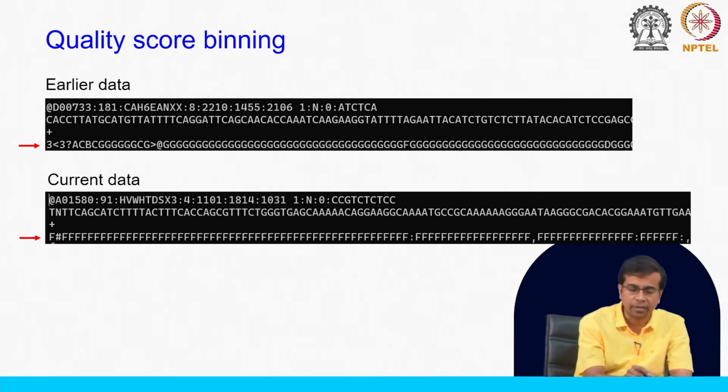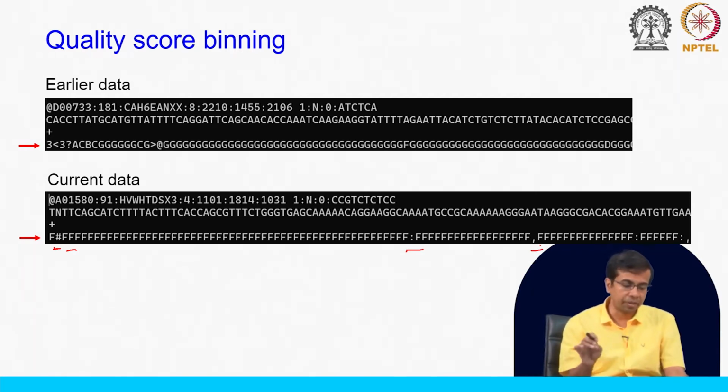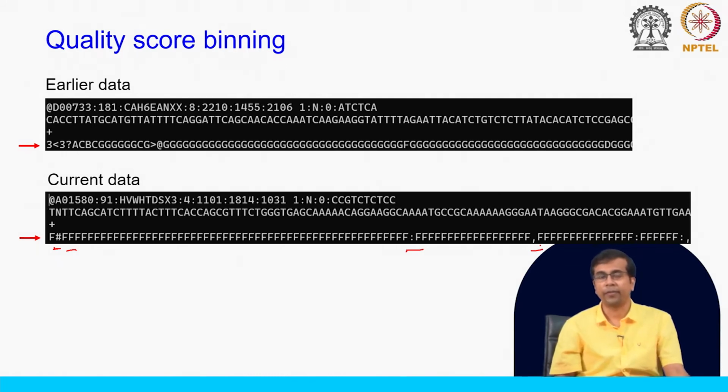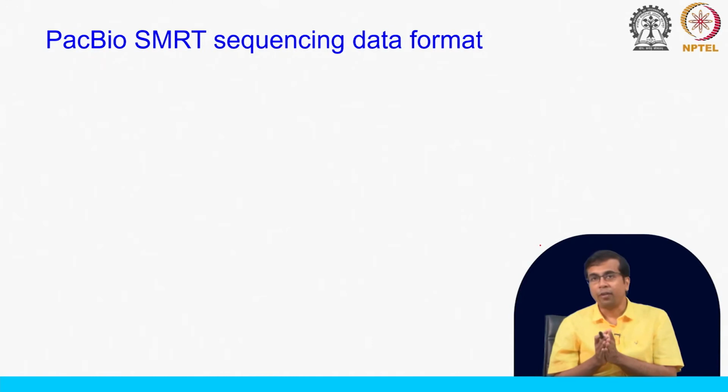For example, here you see this hash, F, colon and comma. These 4 letters you see in this quality score because of the binning. Most of the bases will appear similar; when they fall in one range, they will be given the same value. So, that is for the Illumina data format.